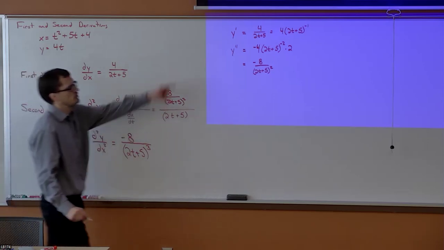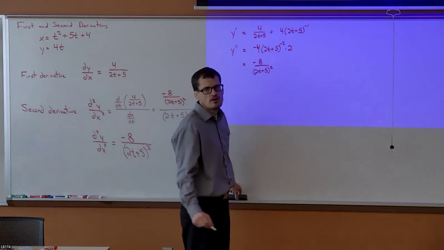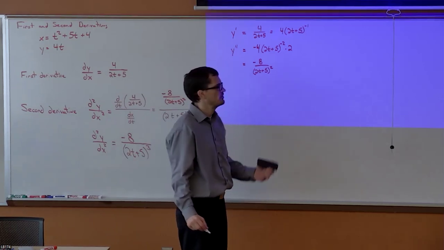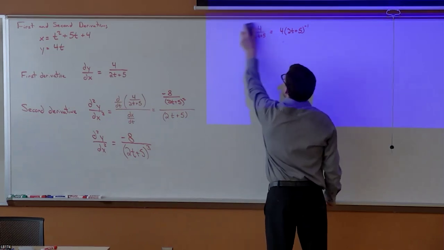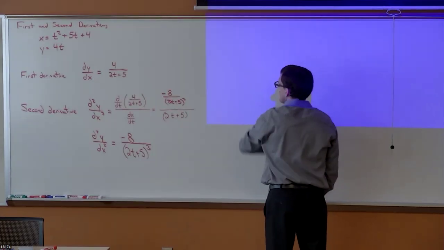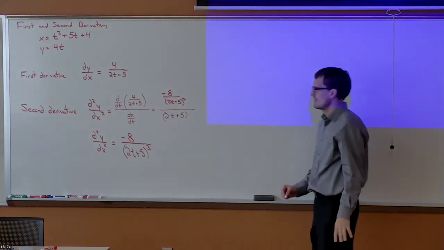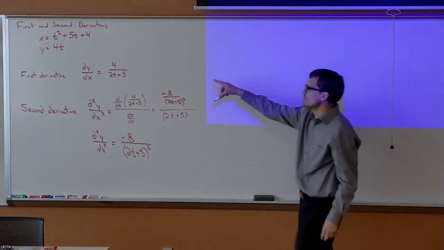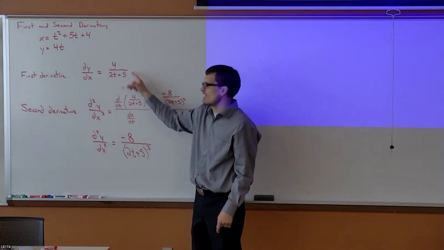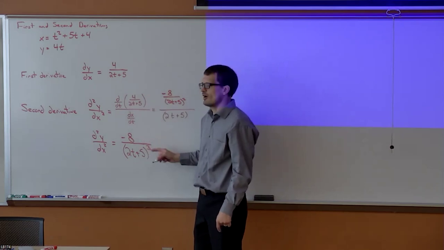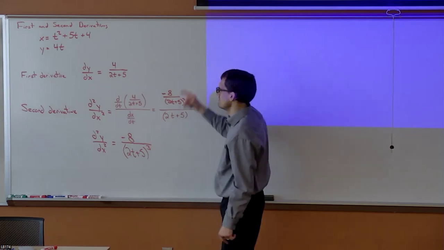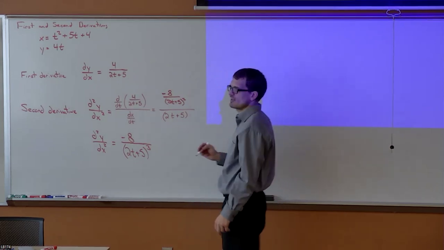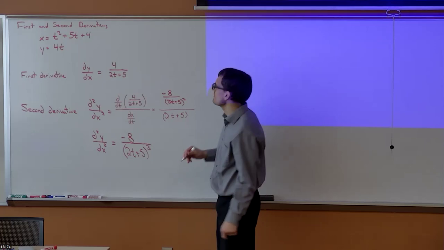Again, this is just the chain rule that we're utilizing. You can go back and review how to do derivatives. But that's my first derivative. That was much easier to get. My second derivative is a little bit harder to get because I had to use the chain rule. But still basic Calc 1 topics.